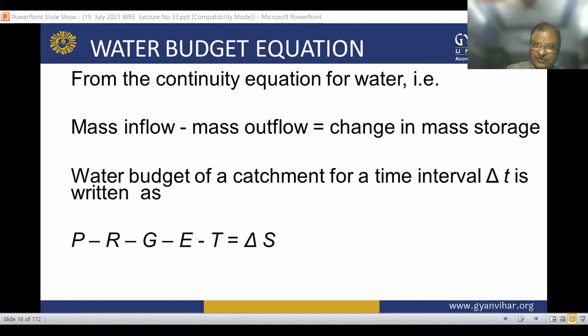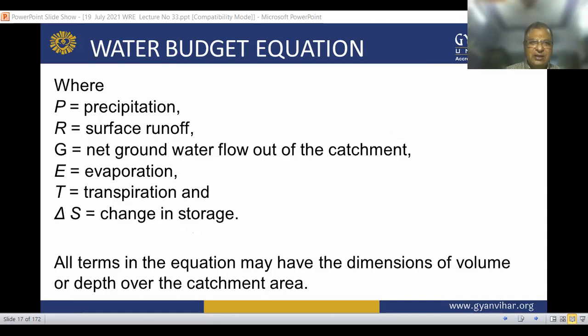So the water budget of a catchment for a time interval delta t is written as P - R - G - E - T = delta S, where P is precipitation, R is surface runoff, G is net groundwater flow out of the catchment, E is evaporation, T is transpiration, and delta S is change in storage.